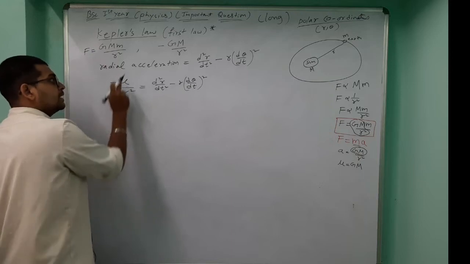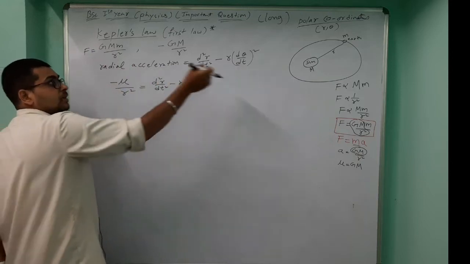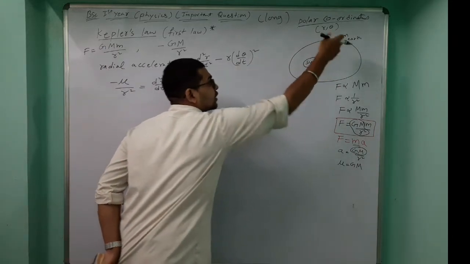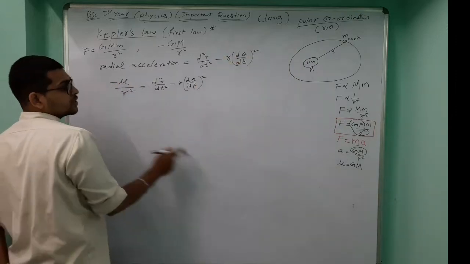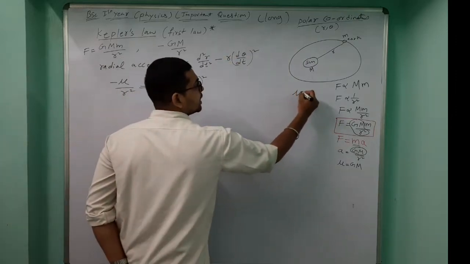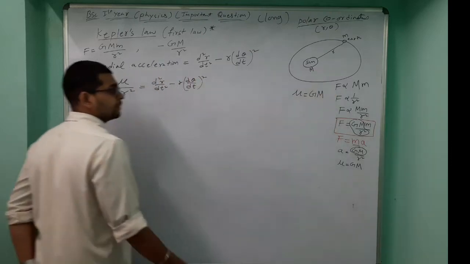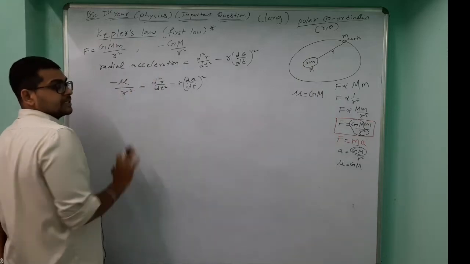What is this? Radial acceleration. This minus sign represents that the Earth is moving around the Sun due to attractive force, towards the Sun. That's why minus. Mu is already given: mu is nothing but capital G into capital M, the gravitational constant and mass of the Sun. r square is as it is.